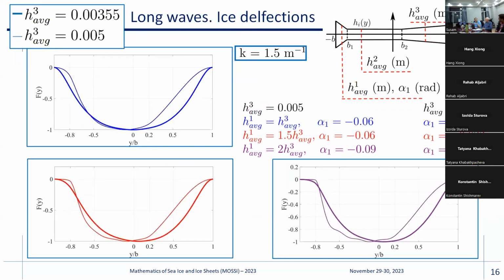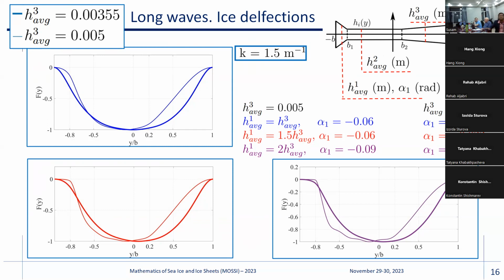And for long waves in these calculations, the wavelength is about 1.4 times the width of the channel. Is it like kh? No, it depends on the depth of the channel. Okay. Thank you.